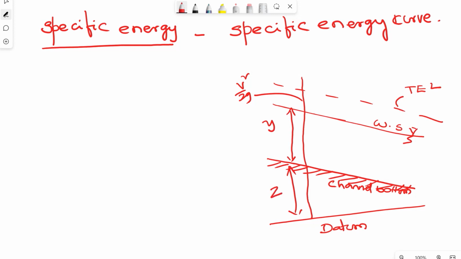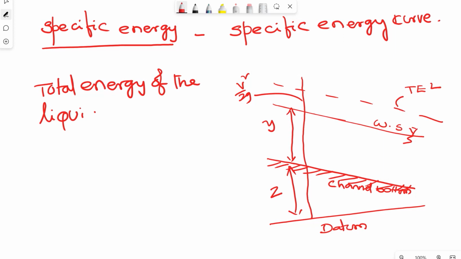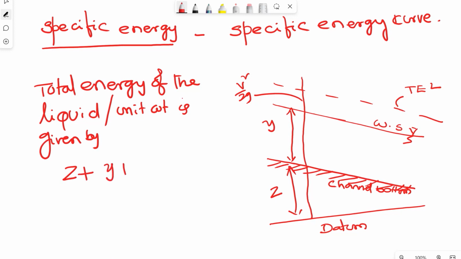So now the total energy of the liquid per unit weight is given by, number 1, Z plus y plus V squared by 2g.